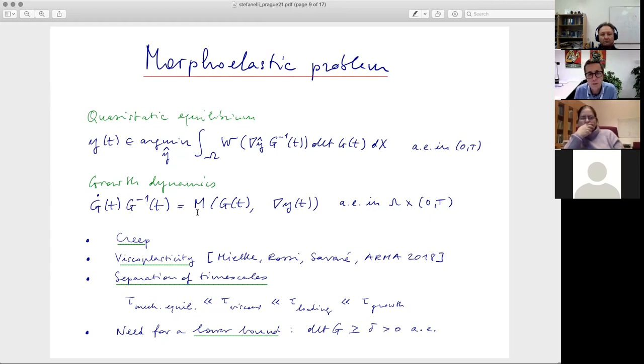So it's not a variation of an energy. And in fact, you cannot really have an energy balance for this system. You cannot expect this. And this makes it a little bit of a trouble, because you're not allowed to have variational notions of solutions, and you need to find another way to estimate your quantities along the evolution.